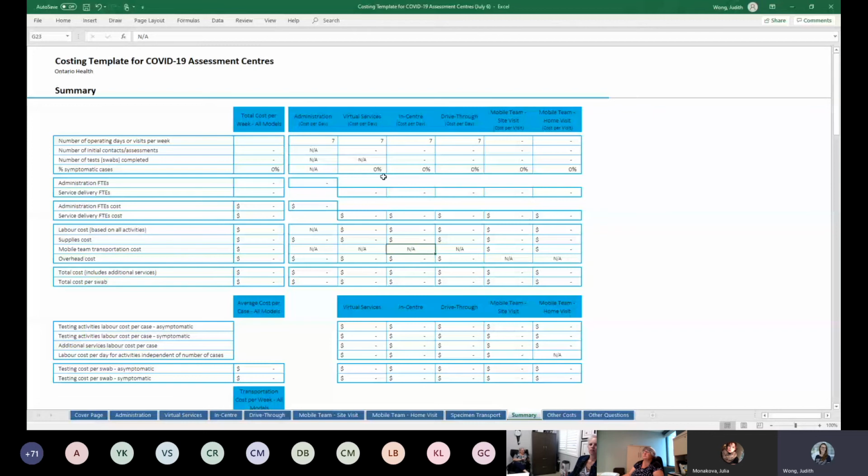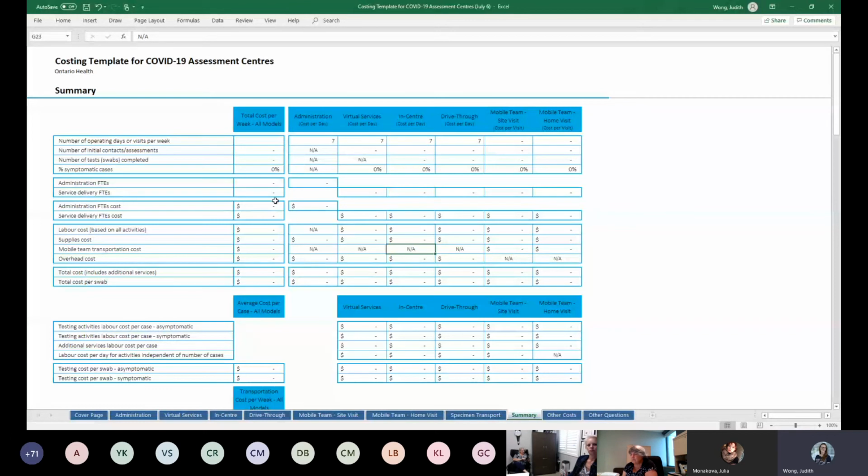So it will collect your total number of initial assessments, your swabs completed, and your total average symptomatic cases. So those are your overall volumes across all your different models, plus your admin cost. It's going to give the total FTEs across all your different models. Check this cell and make sure that your FTEs are not being double counted.